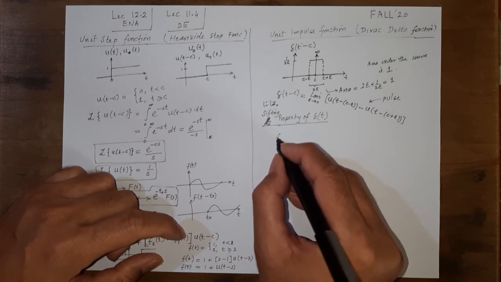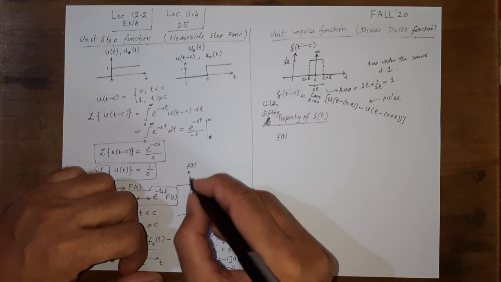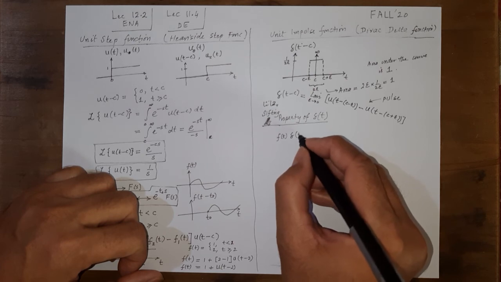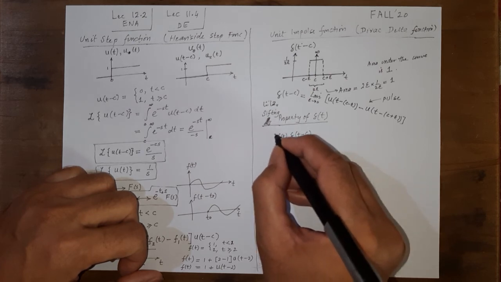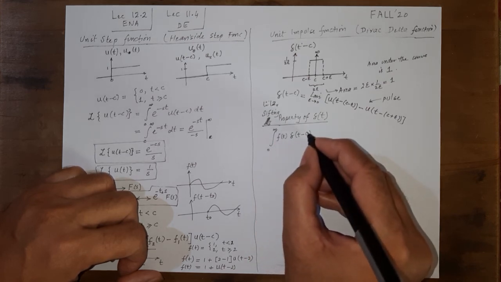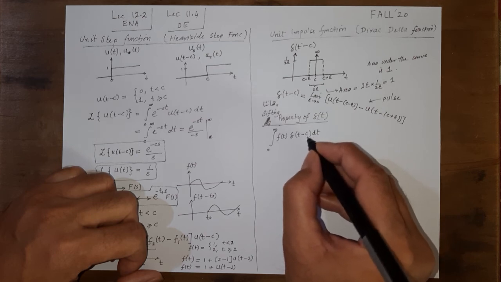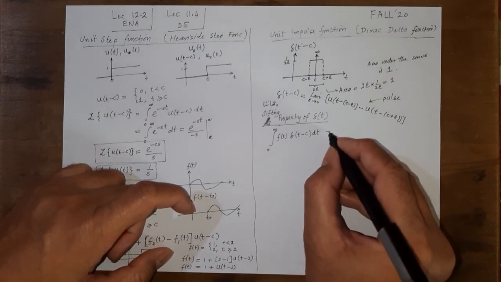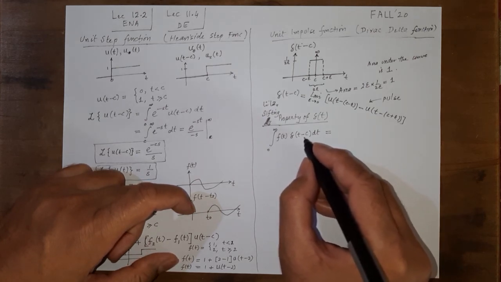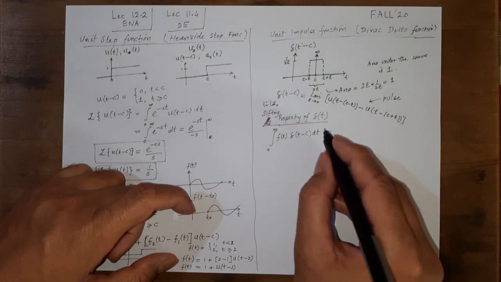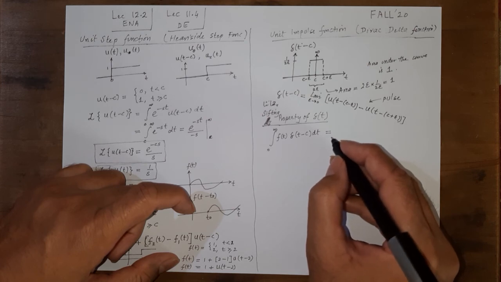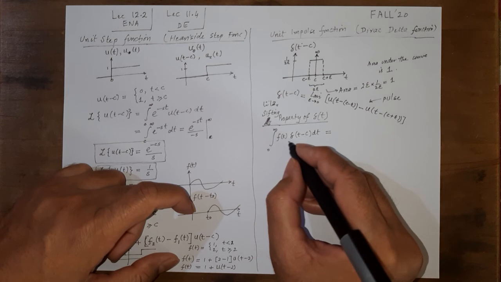Suppose there is a function f of t, and it is multiplied by an impulse at t equal to c and integrated from 0 to infinity. Let us say this c is greater than 0. This is one of the powers of the unit impulse function, the Dirac delta function. This is its greatest use, and you can see that it simplifies the integral.